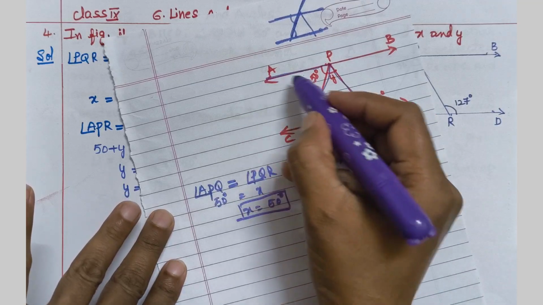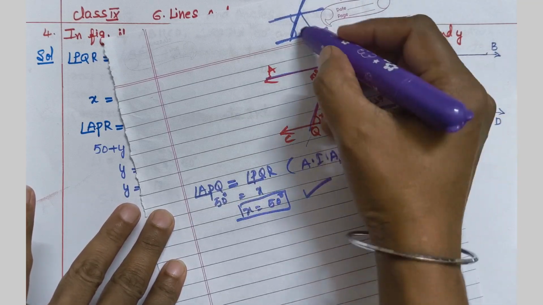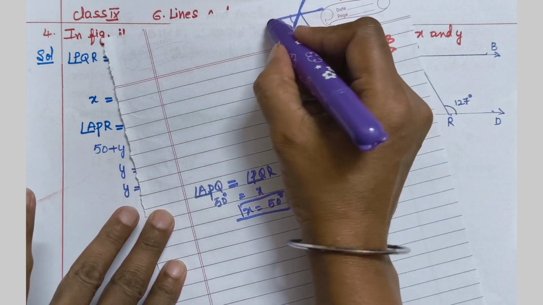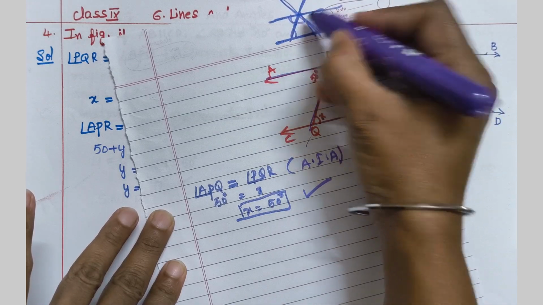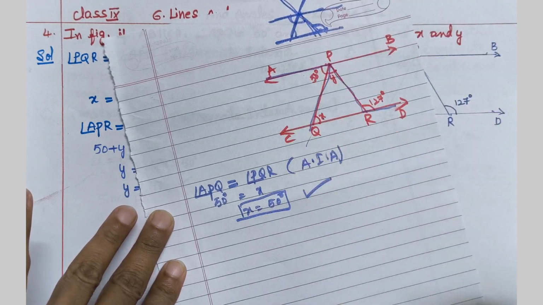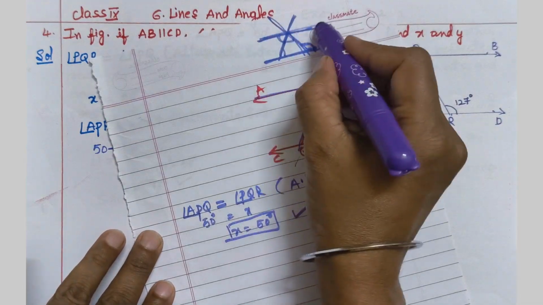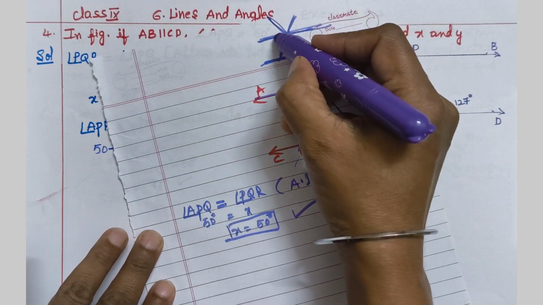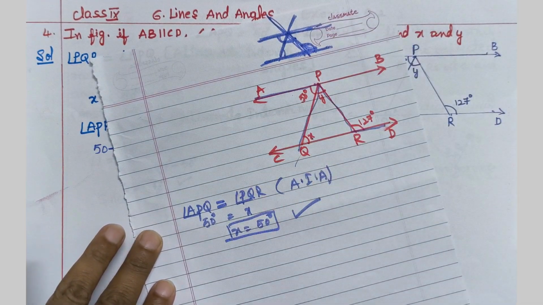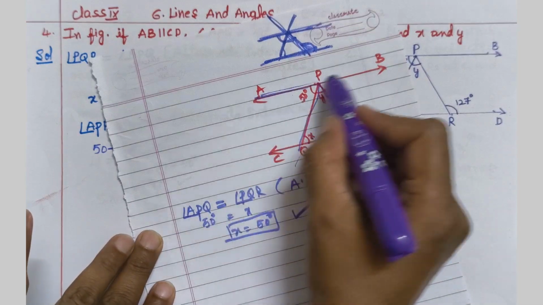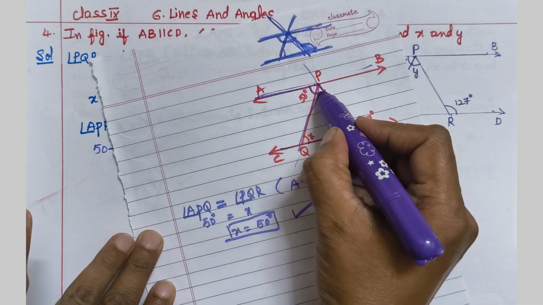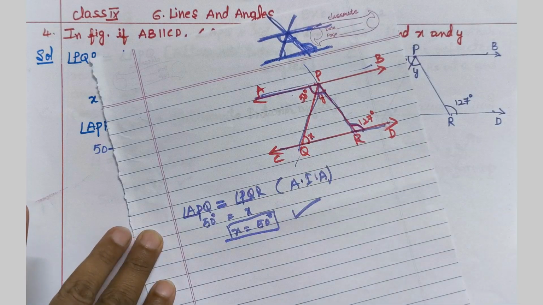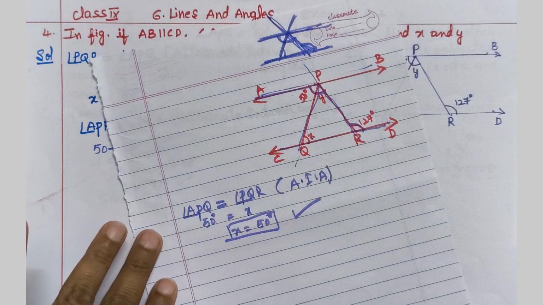Next, now we will find the Y value. These two are parallel lines, and this is the transversal, so these angles are alternate interior angles.